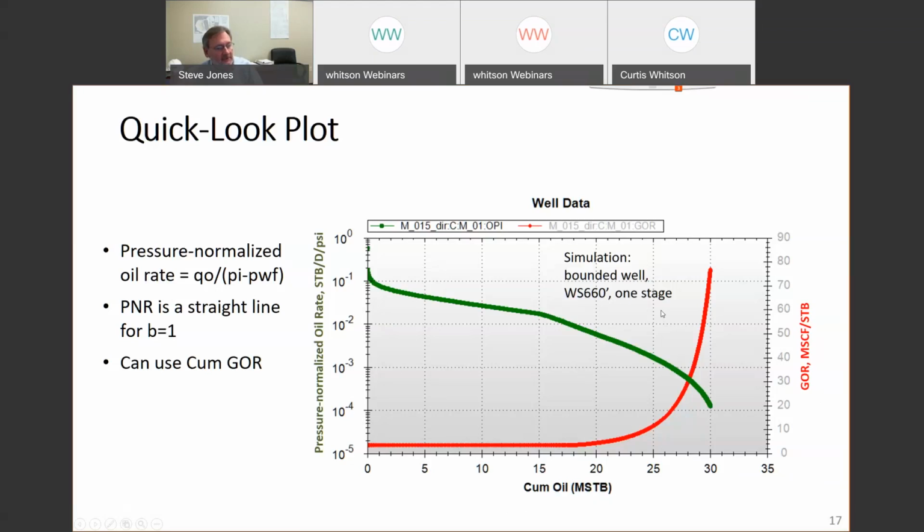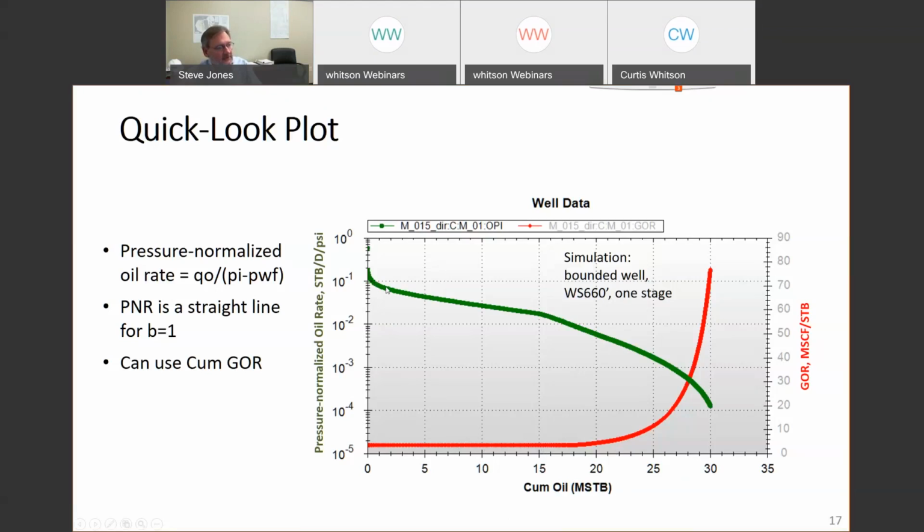So for this particular simulation, I've simulated only one stage, so an element of symmetry, for a 660-foot spaced bounded well, so a fairly tight spacing. And you do see this typical upward curvature of the GOR with cum oil that I pointed out before.